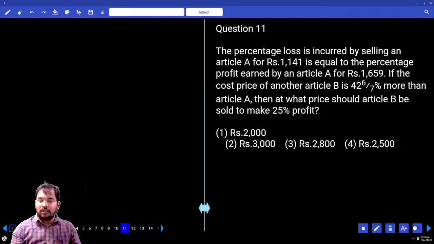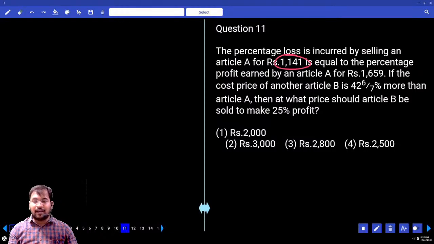Okay. So whenever you are selling for 1141, the loss is equal to the profit whenever you are selling for 1659. Therefore, the average value of these is nothing but the cost price, na.